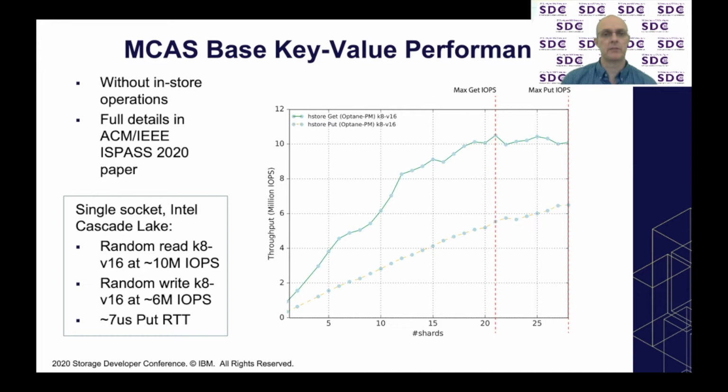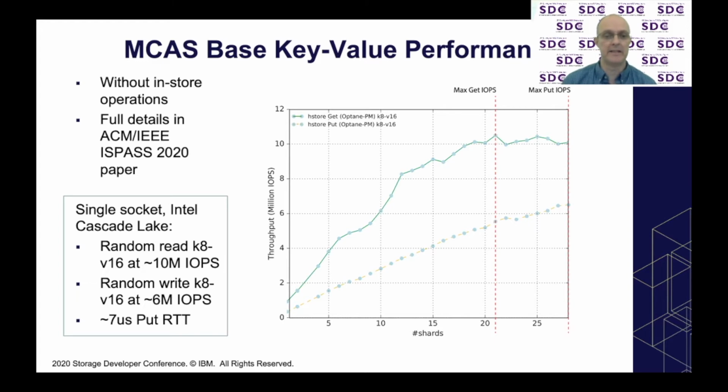Let's look at the base performance for the MCAS key-value store. This was actually published recently in a paper at IEEE IPDPS, so you can look up the details in your own time. This data is without in-store operations, so this is the basic key-value operation of the system. In summary, you can see for a single socket, of course this being an Intel Cascade Lake processor, for random read with key size 8 bytes and value size 16, we observe approximately 10 million IOPS.